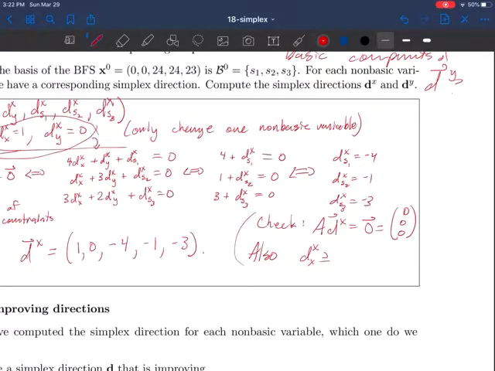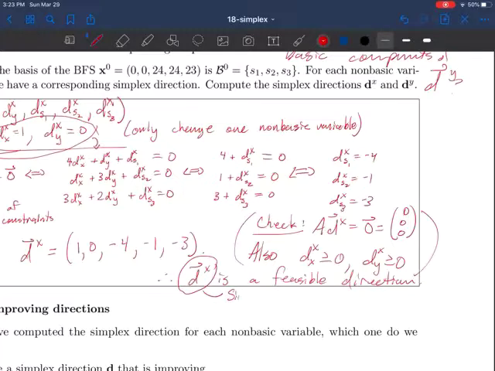And also, dxx is non-negative and dxy is non-negative. Thus, dx is a feasible direction. It must be true by the way in which we calculate it. You don't have to check this after you calculate it correctly, but it is a feasible direction. And in particular, this is a simplex direction, one of the two simplex directions.